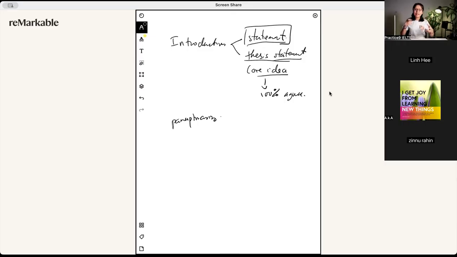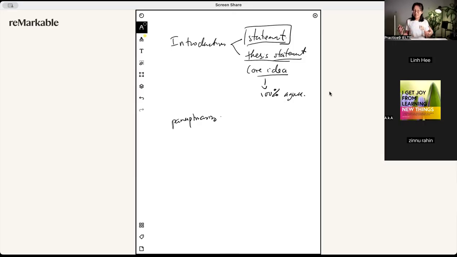Okay, so paraphrasing is rewriting a sentence using different words, different grammar, but keeping the same meaning. Okay, it's rewriting the sentence using synonym words. Yes, you are absolutely right. Yes, paraphrasing, or we call it rephrasing, is rewriting a sentence using different words, different grammar, but keeping the same meaning and making the sentence clearer.